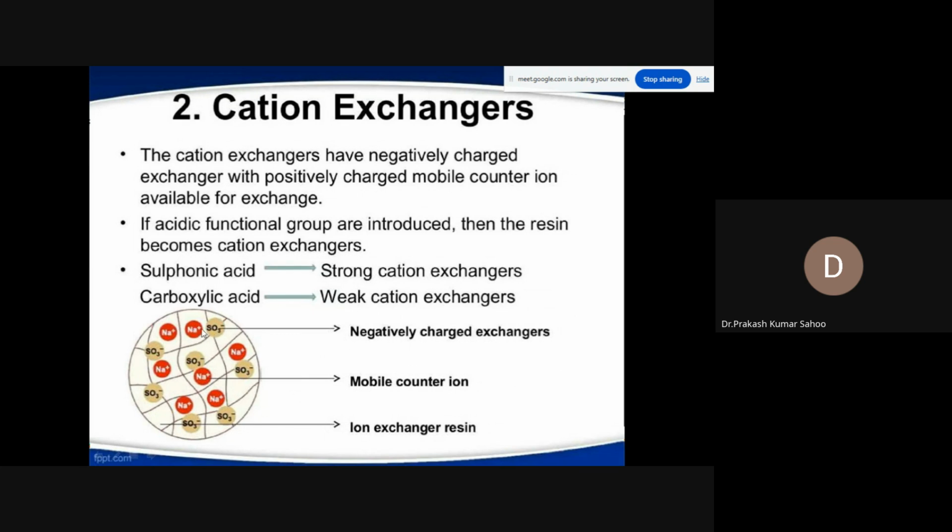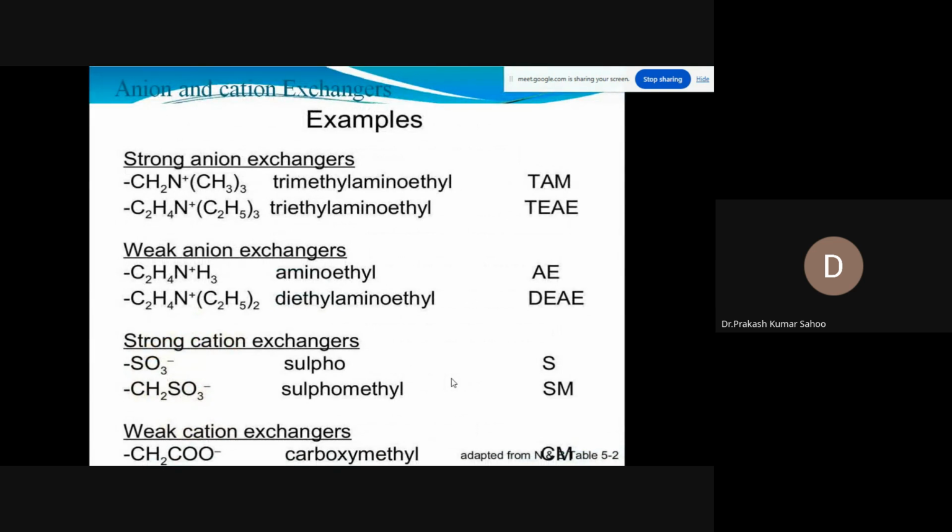Here SO3 minus is the negatively charged exchanger, and Na plus is the mobile counter ion. So these are some examples of cation and anion exchangers.